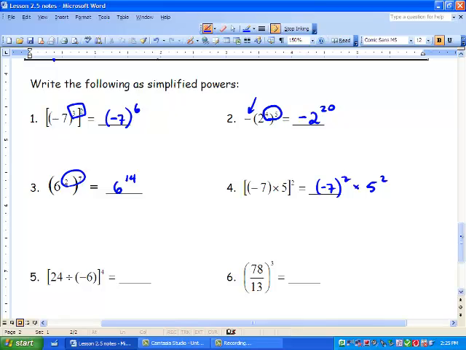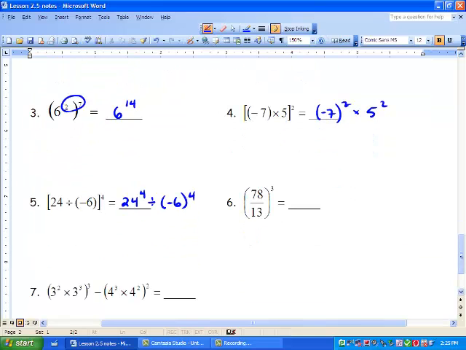Next, we've got 24 divided by negative 6, all to the exponent of 4. Well, that just says 24 to the 4 divided by negative 6 to the 4. Now we've got power of a quotient, and we've got 78 over 13 all cubed. Well, we can just rewrite that as 78 cubed over 13 cubed.